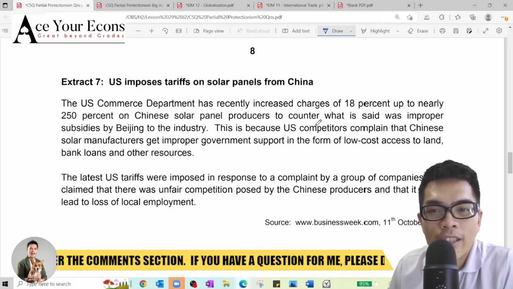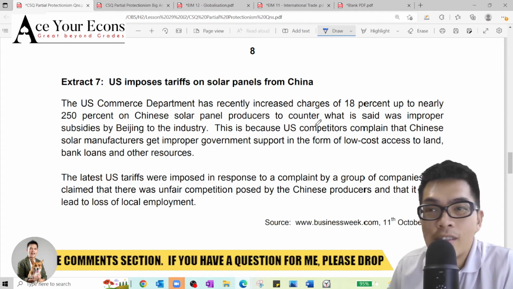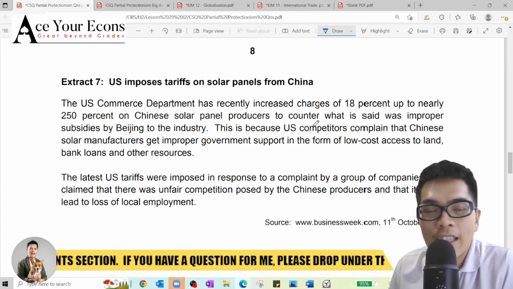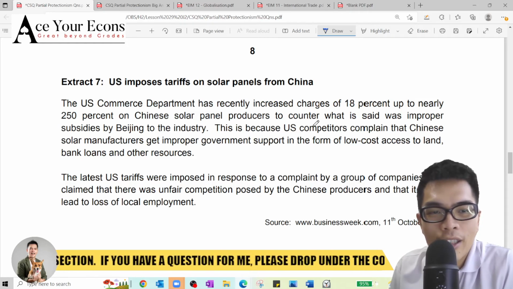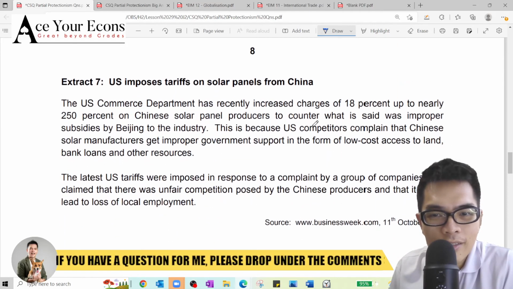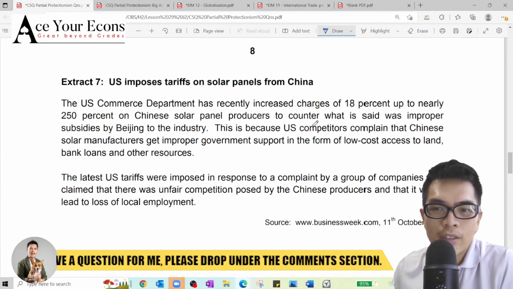Extract 7, tariff. Okay, tariff. Are there any other forms of alternatives out here? I don't think so.